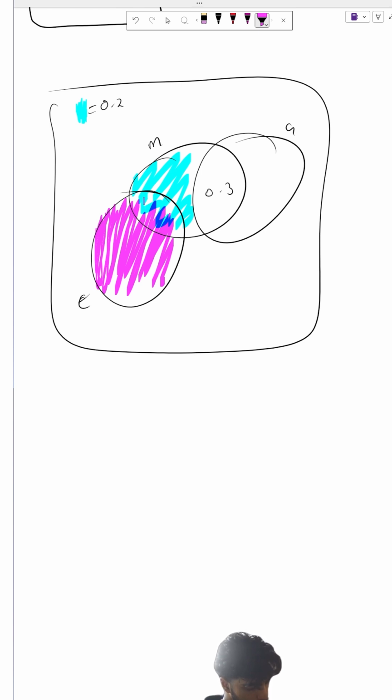Intersection here, we don't know. You know, this bit's going to be 0.2 for definite. So 0.2, this has to be 0.4. So this is bigger than 0.4. Next.